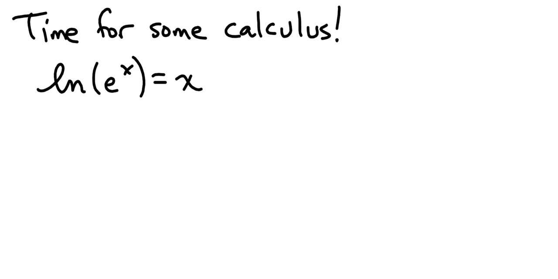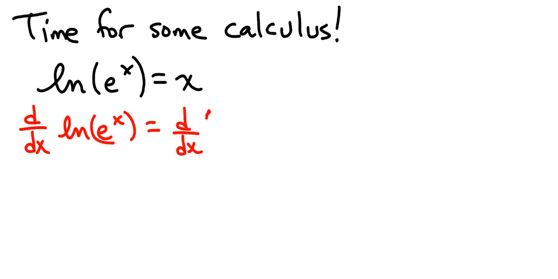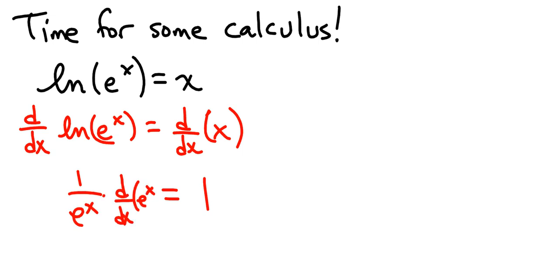So the derivative of the natural log of e to the x has to be the derivative of x. Well, the derivative of x is 1. The derivative of the natural log of something is 1 over something times the derivative of that something.